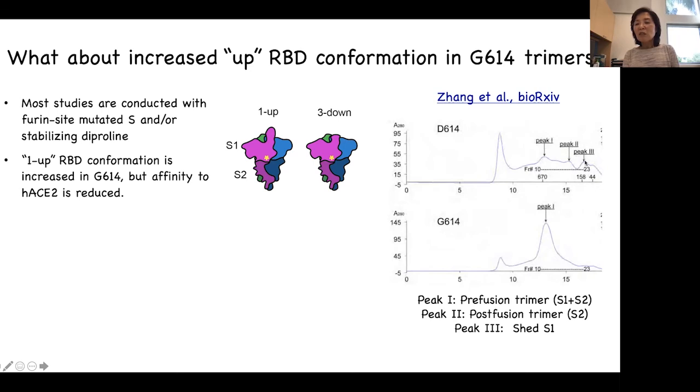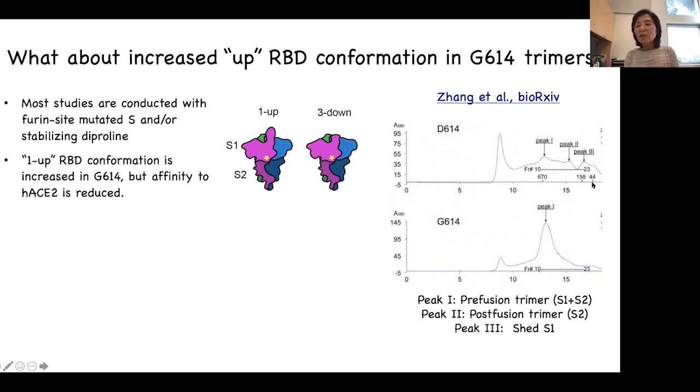With the D614, he saw at least three different peaks. With the G614, he saw only one peak. Peak 1 is a pre-fusion trimer, meaning they have a stable S1 and S2. The second peak is a post-fusion trimer that has only S2. And those peak-looking things in between must have one S1 or two S1.